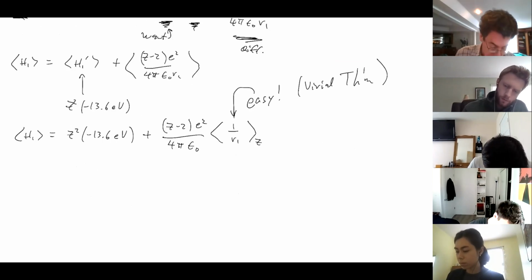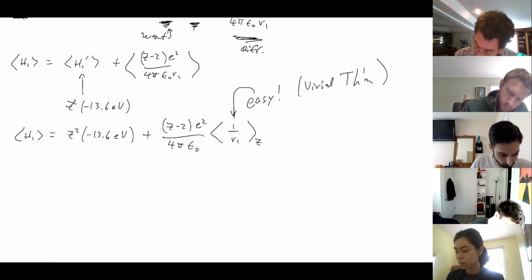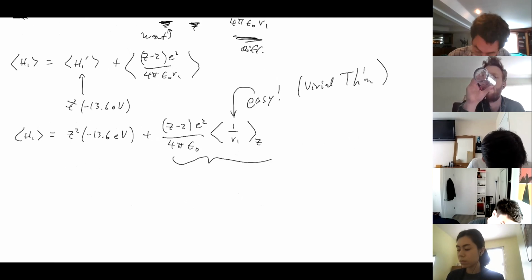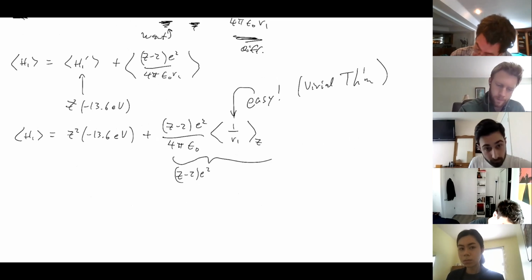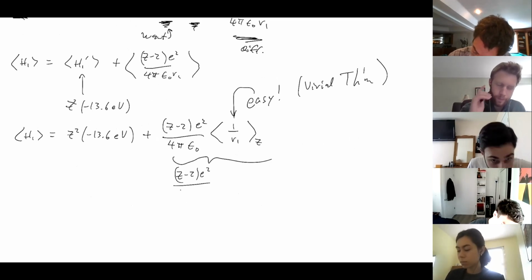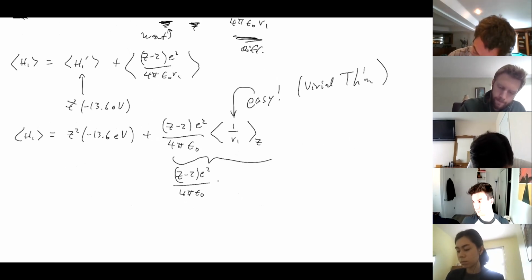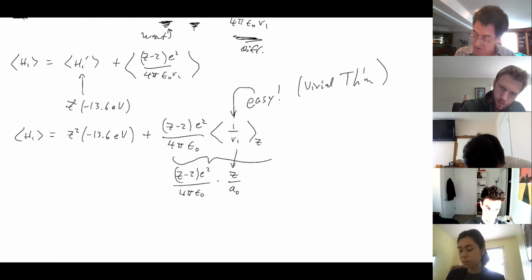And when you go through the algebra of the Virial theorem, what you'll find is that this thing is equal to (z minus 2) e squared over 4 pi epsilon naught times z over a naught. Okay, because that's what this thing is equal to, z over a naught.